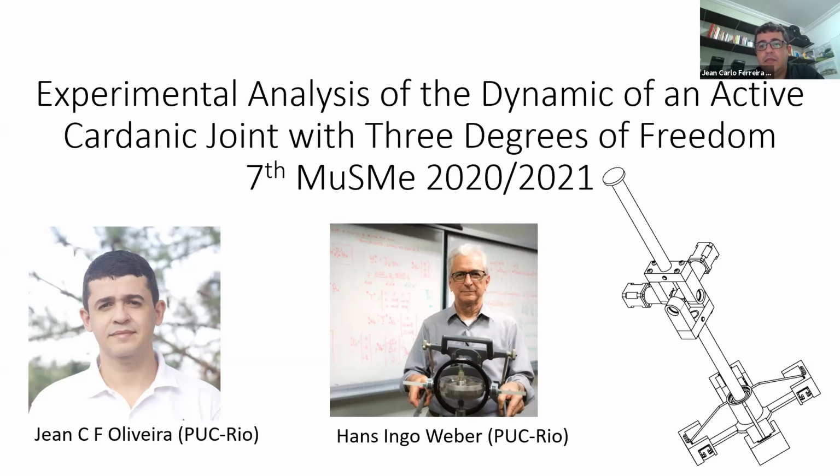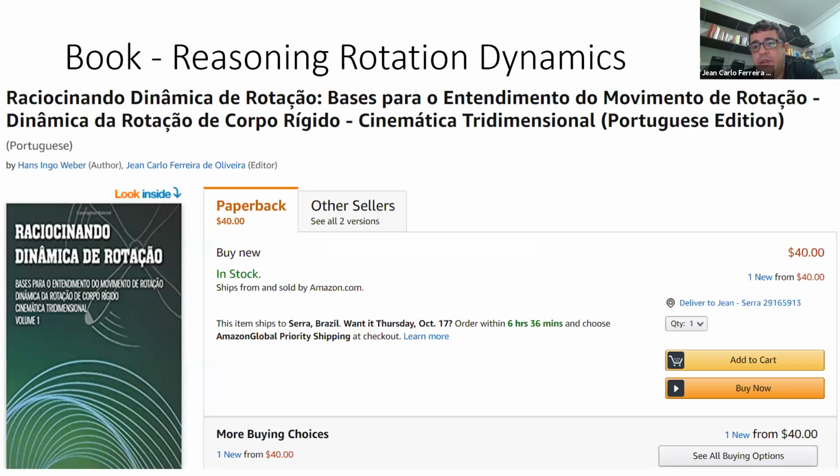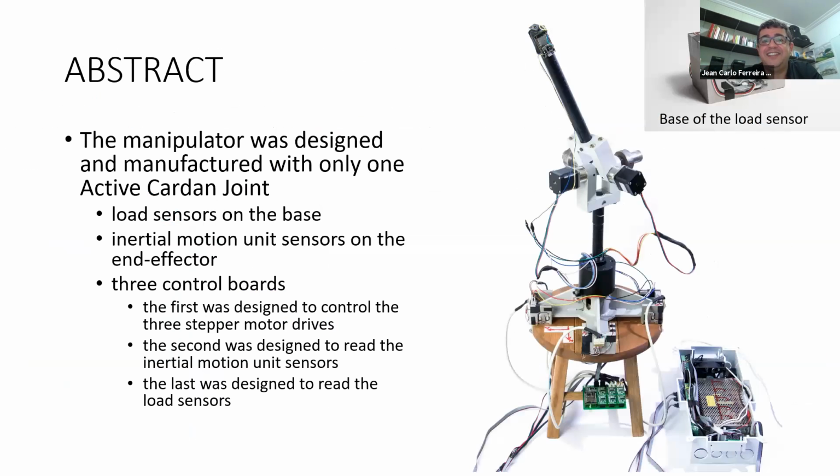While I studied my doctorate, I did a book with my advisor, Professor Hans Weber, and I wrote 2 papers. This was my second paper. The book is available on Amazon in Portuguese for graduate students. Okay. Advertising, sorry. Let's start.